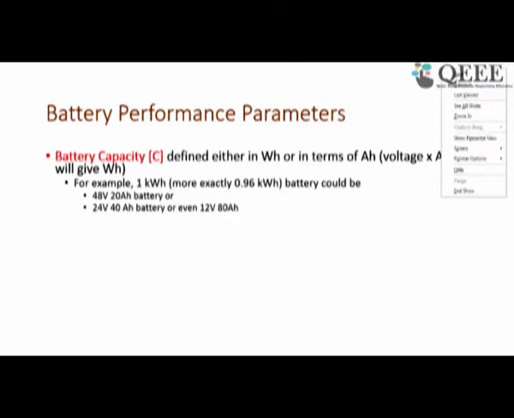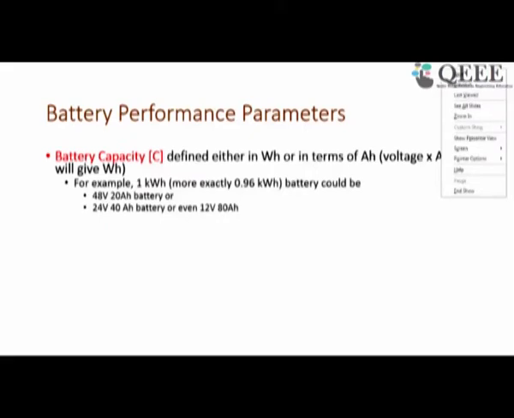Now 1 kilowatt hour is very important because it is also called a unit of electricity. That is 1 unit of electricity which you can draw from the grid. It costs approximately 5 rupees. So a 1 kilowatt hour battery can theoretically store 1 unit of electricity.